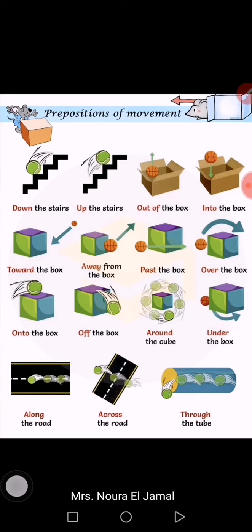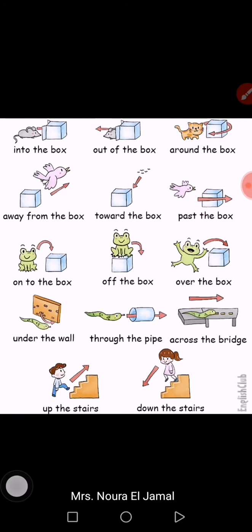Onto the box, around the cube, under the box, along the road, across the road, through the tube. Here, look at these animals and the boy and the girl down.